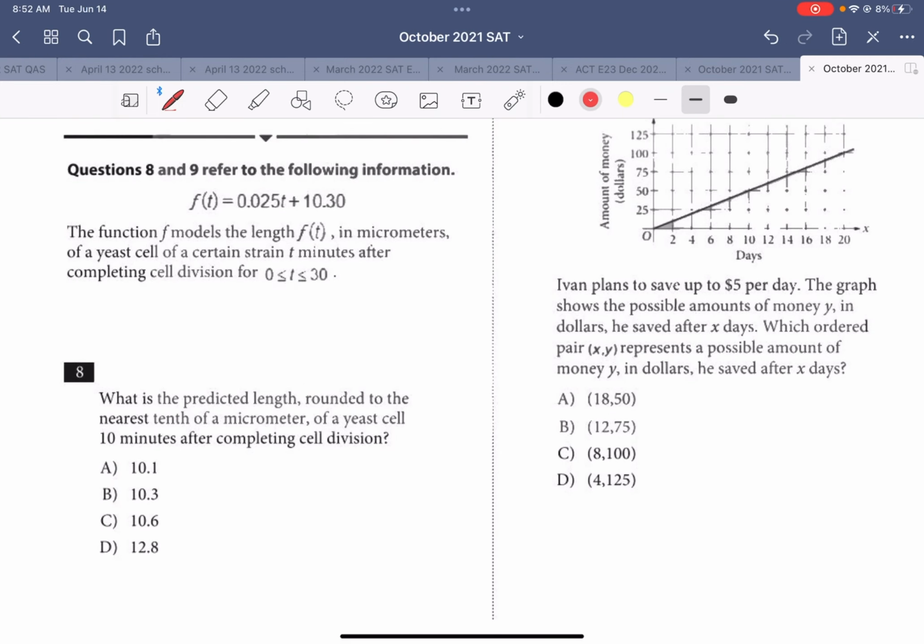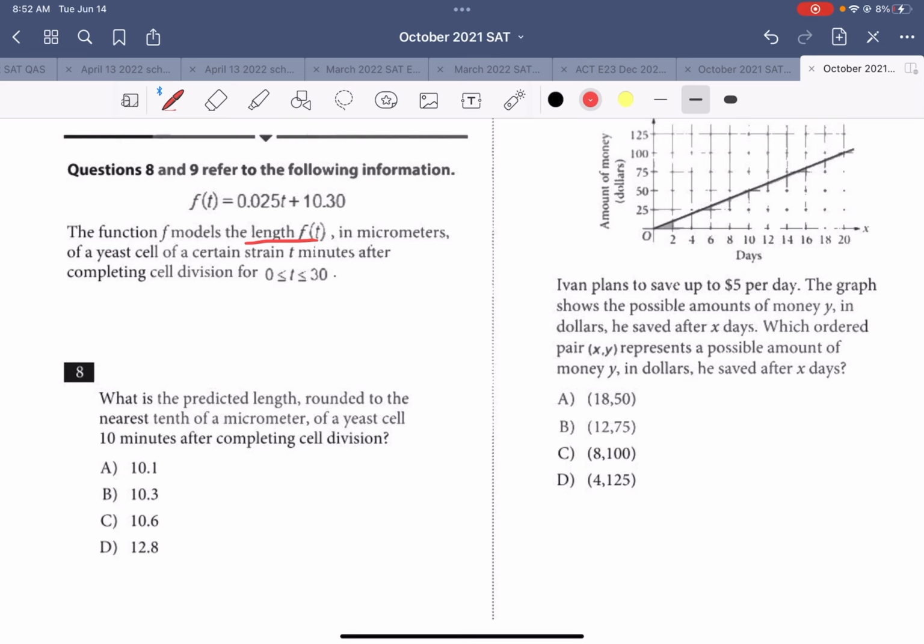Number 8. The function f models the length f of t in micrometers of a yeast cell of a certain strain t minutes after completing cell division. So f models the length of the yeast cell after it completes cell division.